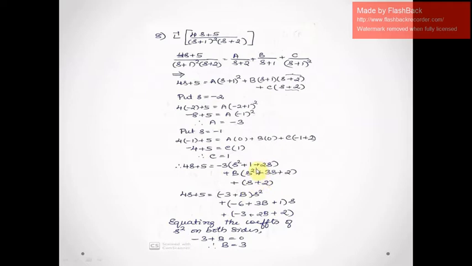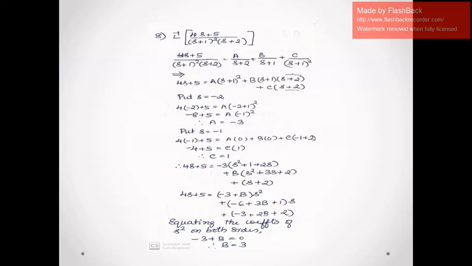Next, collecting the terms with s: minus 3 into 2s, so that is minus 6 s, then b into 3, so 3b, and 1 into s. So minus 6 plus 3b plus 1 into s.